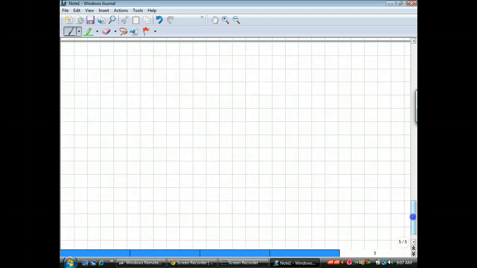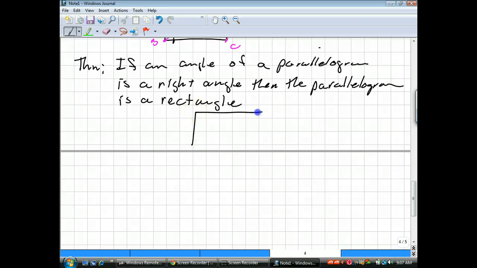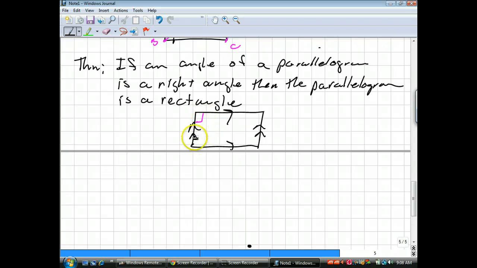So here's what it's saying. We have some parallelogram, so we know that opposite sides are parallel. And we know that one of those angles is a right angle. Well, then we know that if we have parallel lines, then this angle and this angle have to be supplementary. So that has to be a right angle. And we know that opposite angles of a parallelogram are congruent, so this has to be a right angle and that has to be a right angle. And so therefore, by definition, it must be a rectangle.